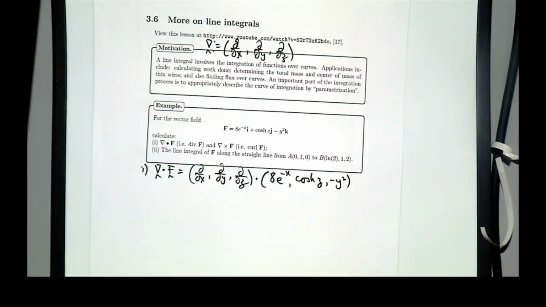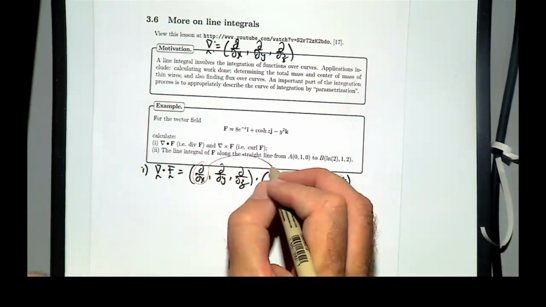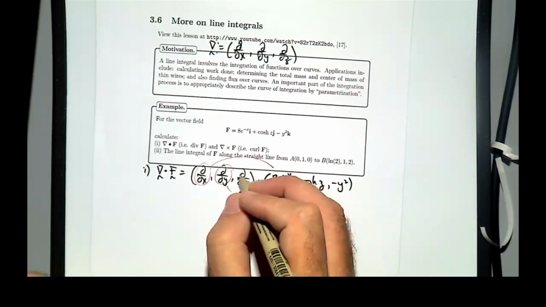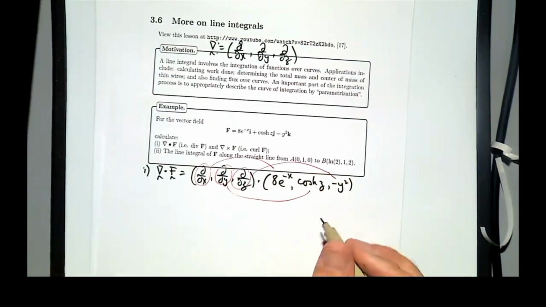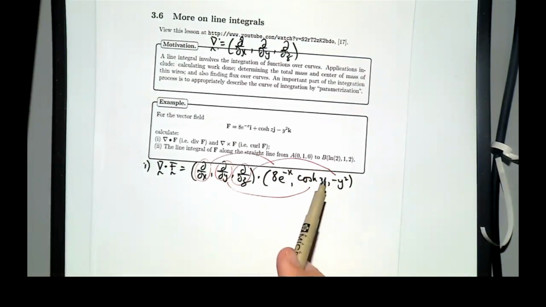You just expand it in a component-wise fashion, right? So d dx of 8e to the negative x, d dy of cosh z, d dz of negative y squared. Okay? So pretty easy. Only one of these is going to give us a non-zero answer, right?